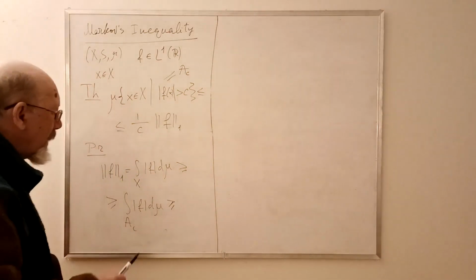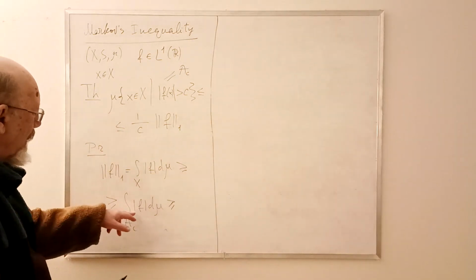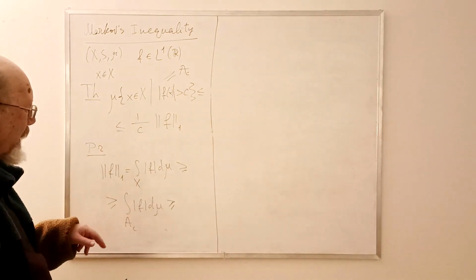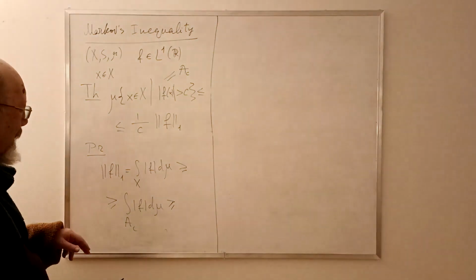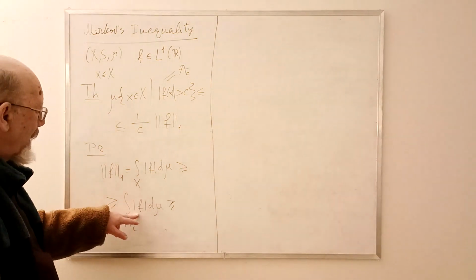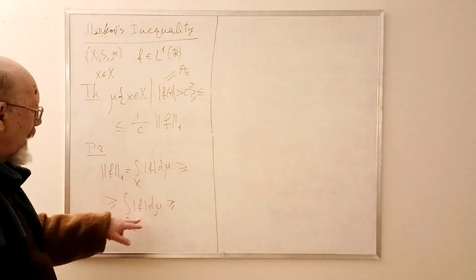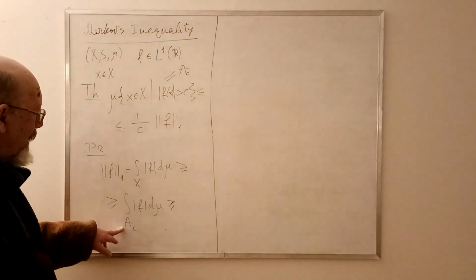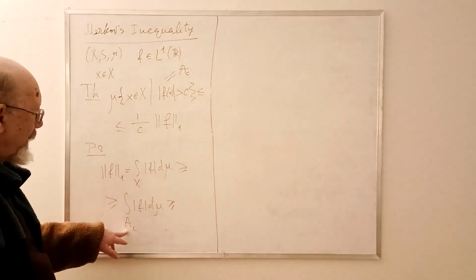So the coarse estimate of this integral is the following. We take, say, the infimum of this function times the measure of A_c.